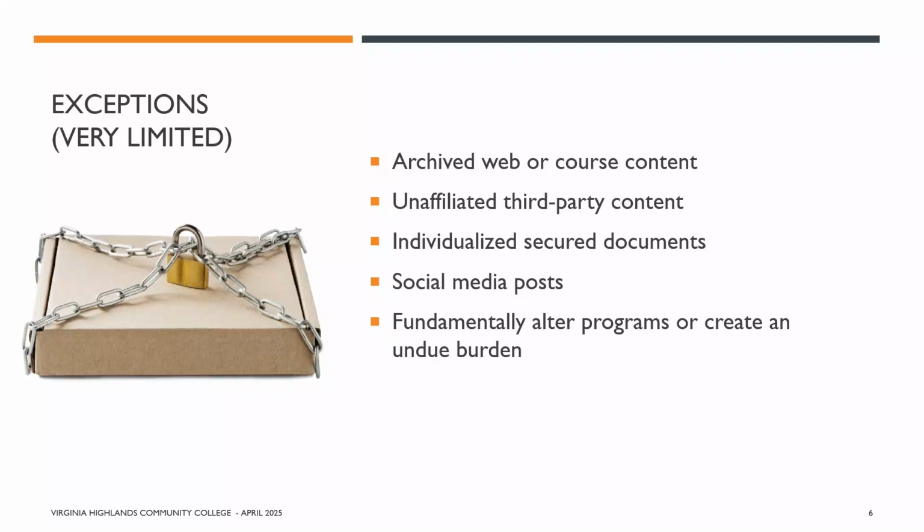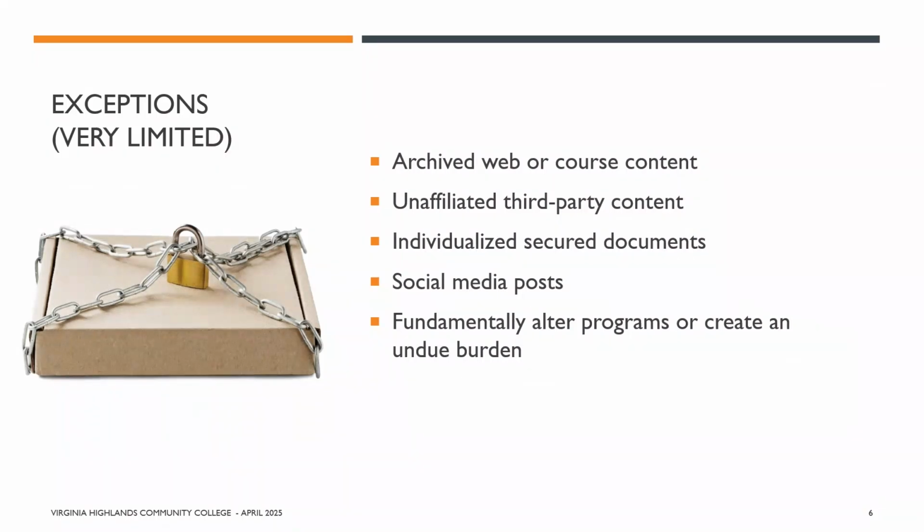While the requirements generally apply to all our online content, there are some specific, very limited exceptions. These include archived web or course content that meets very strict criteria and is no longer being used for instruction, content posted by unaffiliated third parties where we have no contractual agreement, and individualized and secured documents like student records and social media posts that were created before the compliance date.